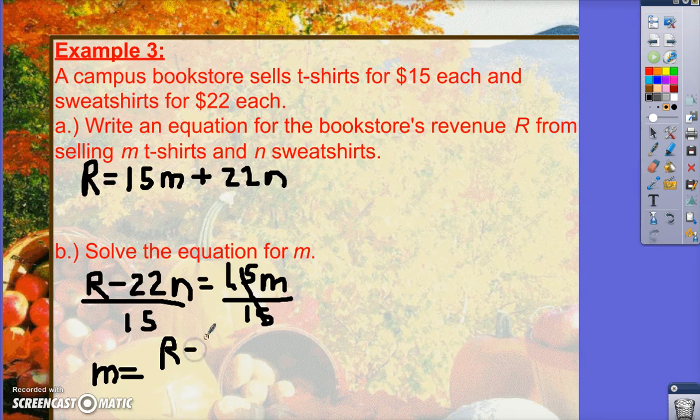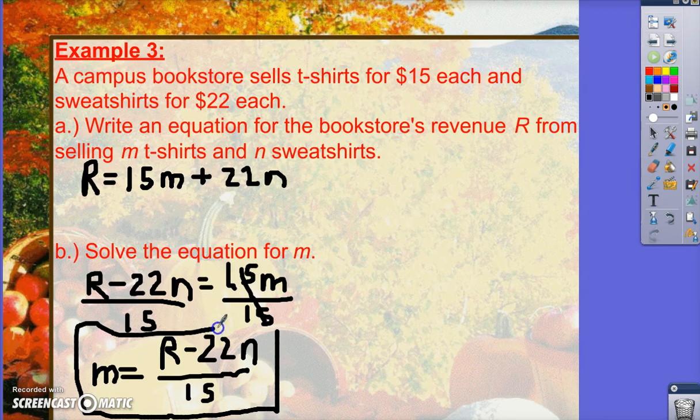Leave it as a big fraction for the formula, just like we've done the other ones. And here's my answer. So let me box this first. So we get the final answer is M equals R minus 22N over 15.